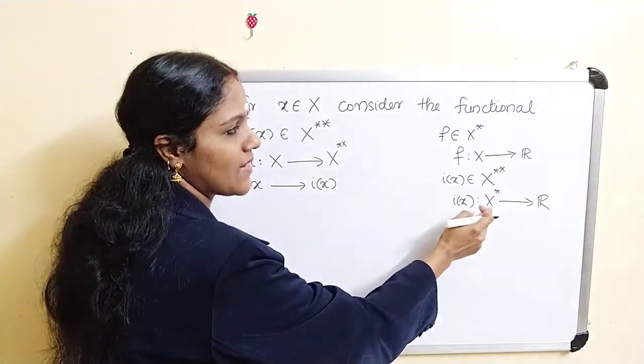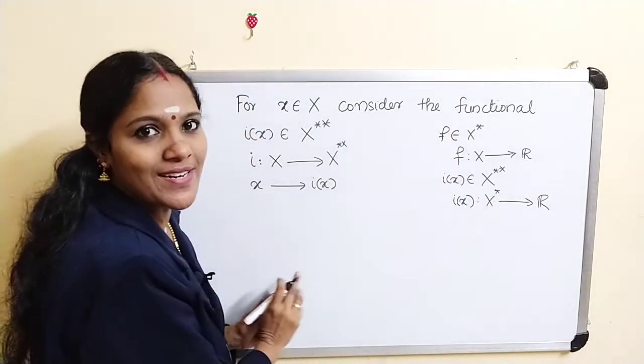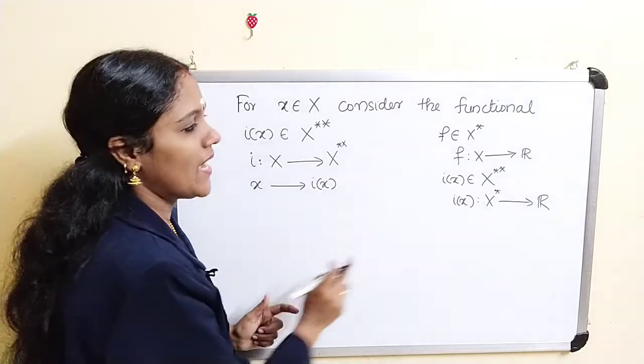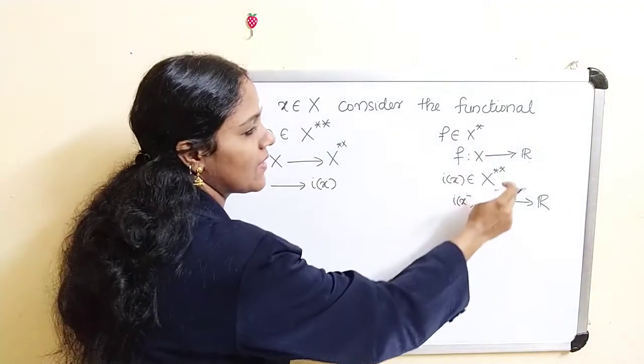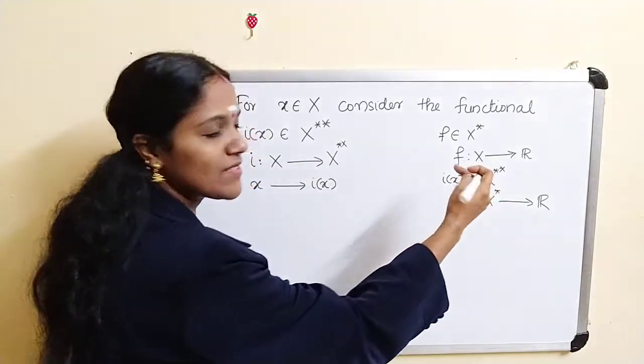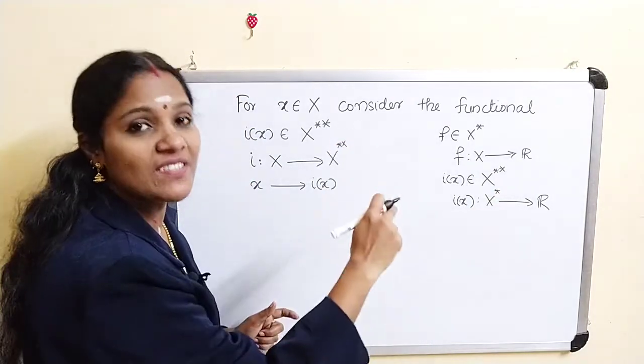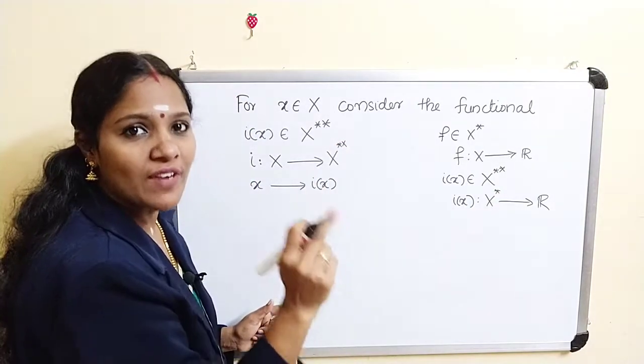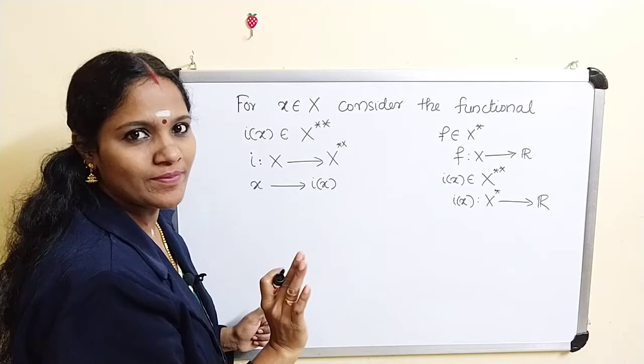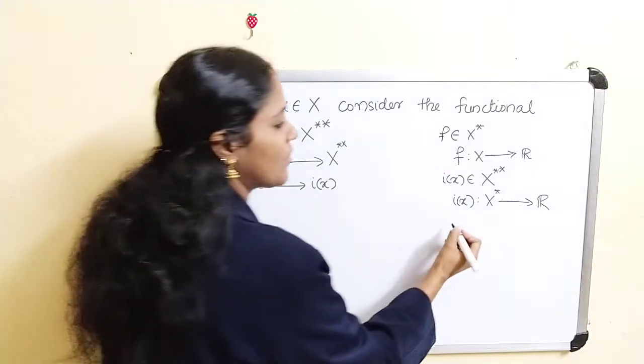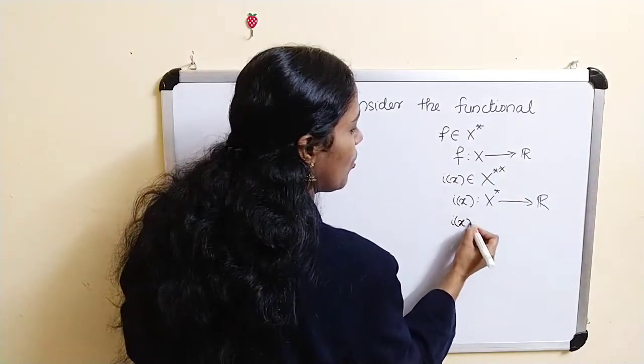Now what about X star? X star consists of linear functionals. I of x belongs to X double star implies I of x is a linear functional on X star. So here we have to define I of x of f.